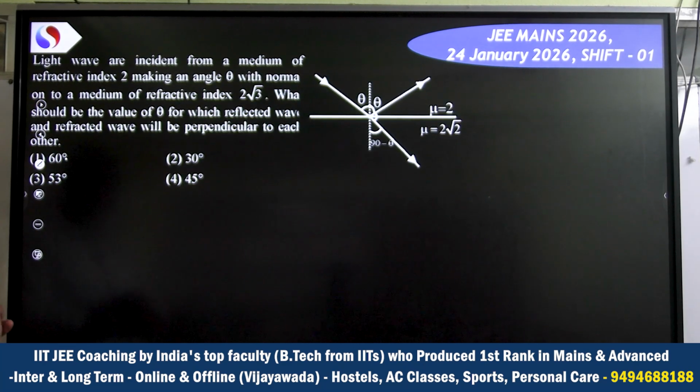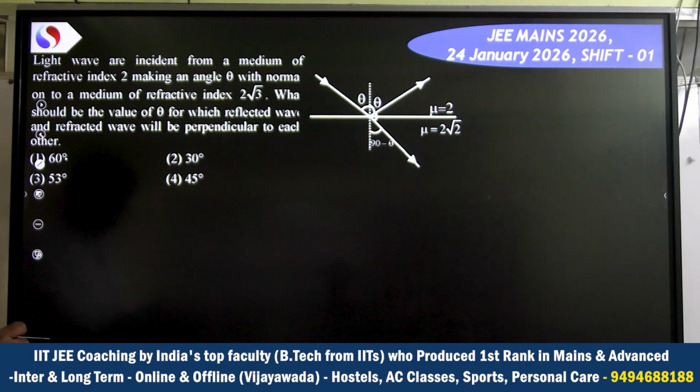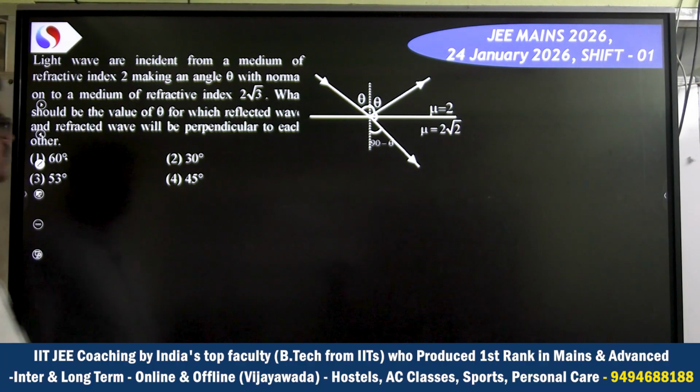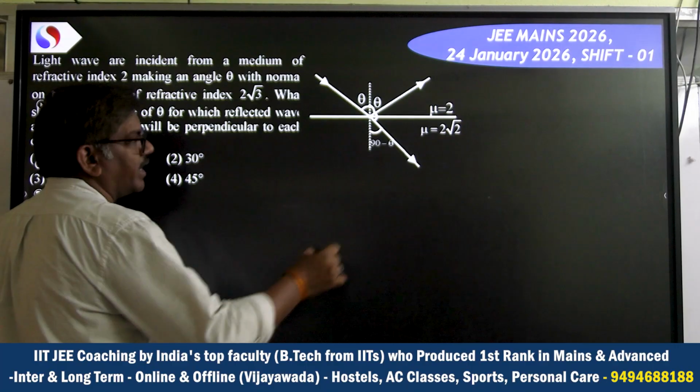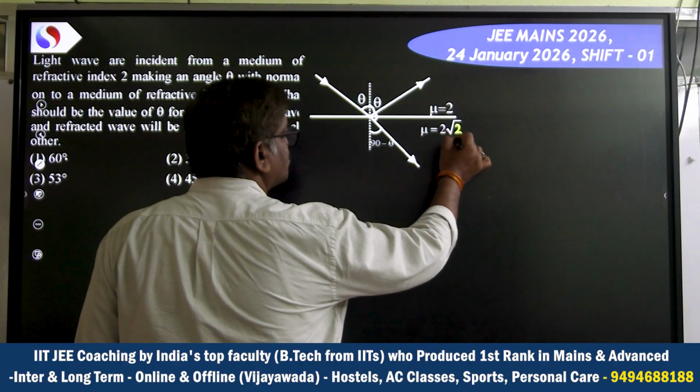Okay, let's move to the next one. Light wave is incident from the medium of refractive index 2, making an angle theta with the normal, onto a medium of refractive index 2 root 3. What should be the value of theta so that the reflected and refracted waves are perpendicular? So this is the Brewster angle. I think this is a printing mistake, this is 2 root 3.